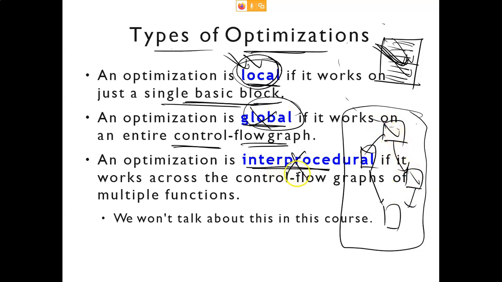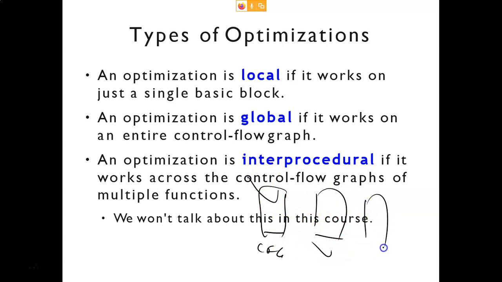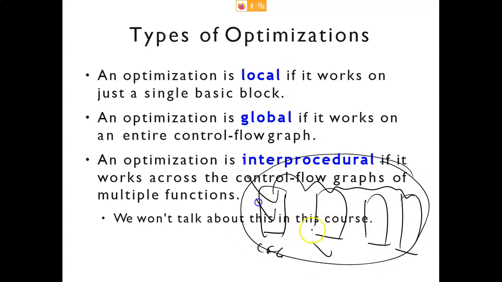What is inter-procedural? It's like this. Let's assume you have many functions, many procedures. For each procedure we make a CFG. So for procedure P1 you make a CFG, for procedure P2 you make a CFG. Now you are doing the optimization across these CFGs, applying your optimization techniques among the procedures.